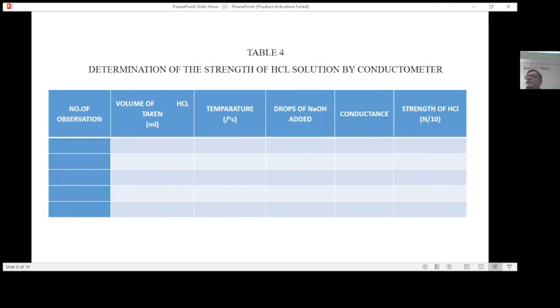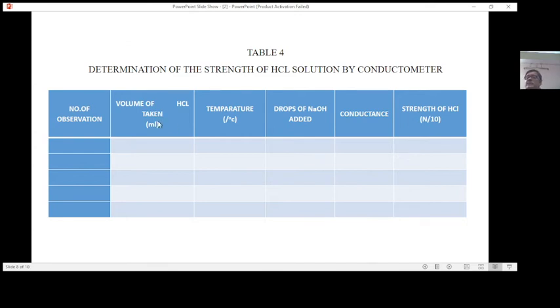In table number 4 this is a separate titration. It is not a normal titration, it is conductometric. Using that we have to take the volume, and add the volume in a number of drops. You have to find the temperature, as conductance depends on the temperature.